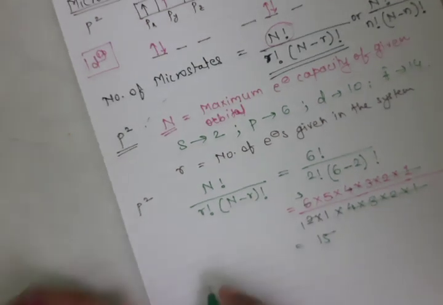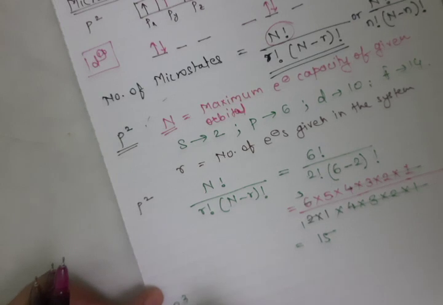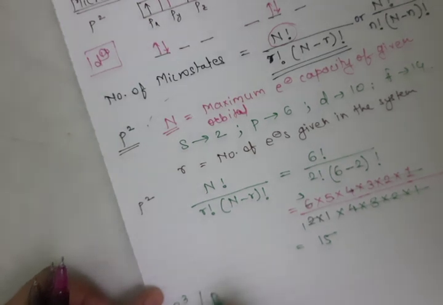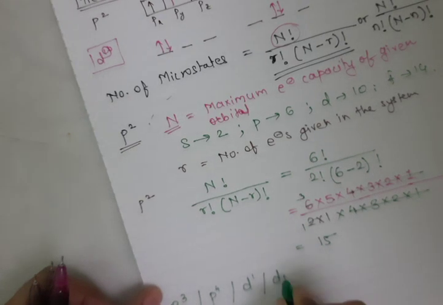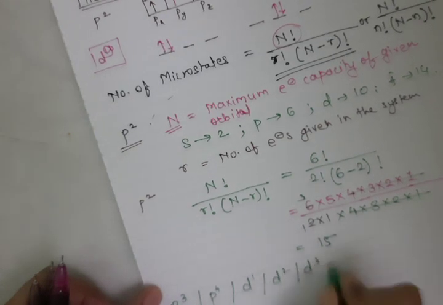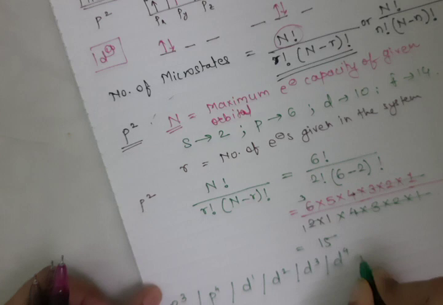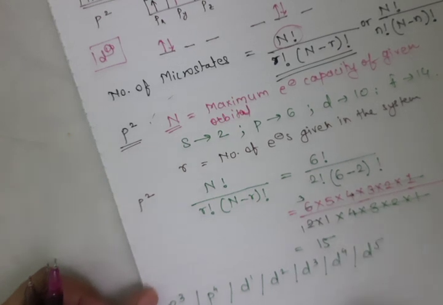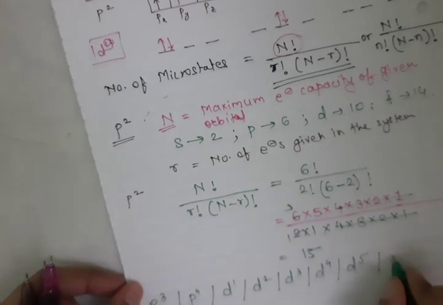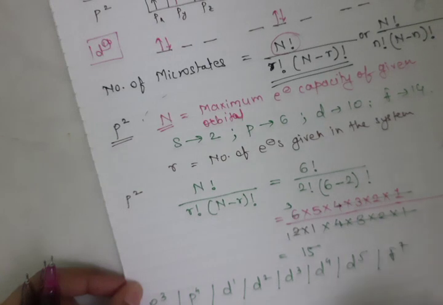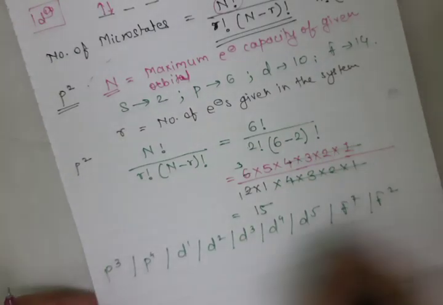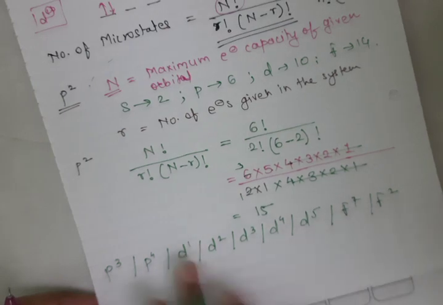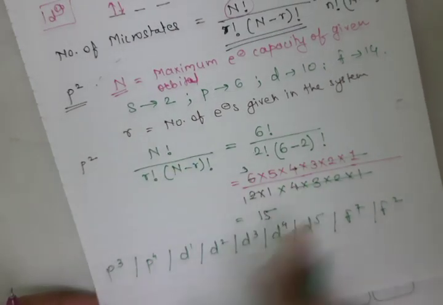You can solve it for p3, then for p4, for d1, d2, d3, d4, d5. Then you can solve it for f7, f2. You just try these examples. It's very simple. You have to use this formula and just solve.